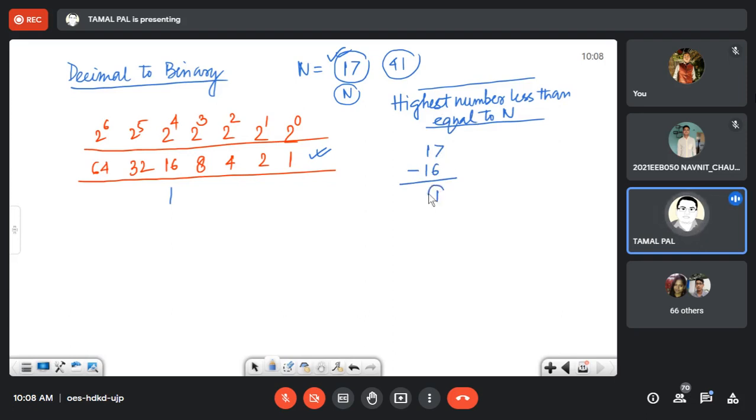So the number becomes 1. Now tell me, what is the highest number less than or equal to 1? 1. Now we don't need to carry on, because if I subtract 1, it becomes 0. So here we stop the process. Now we put 0 for the rest of the numbers. So check if it is equivalent to 17 or not.